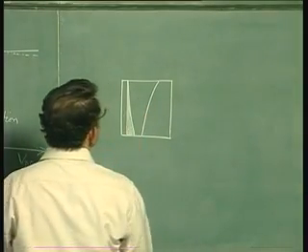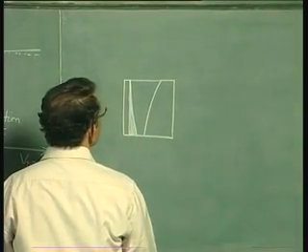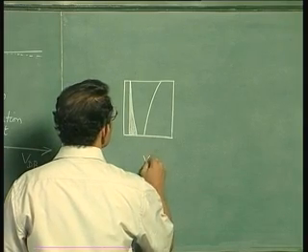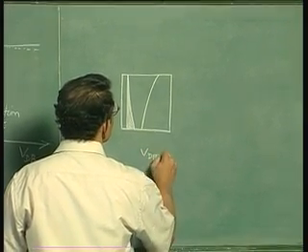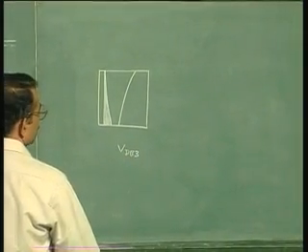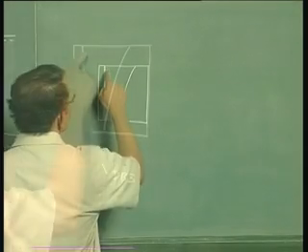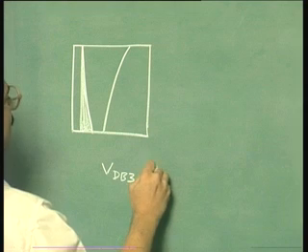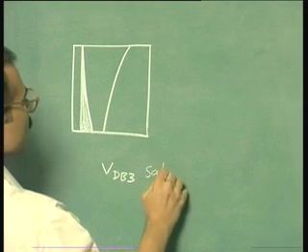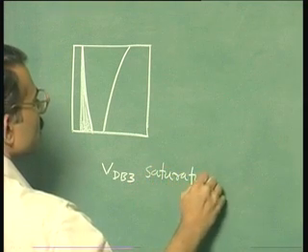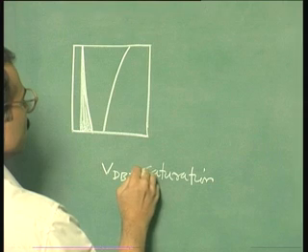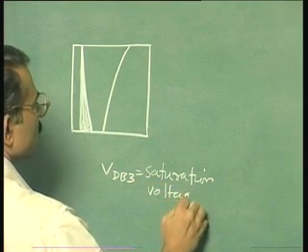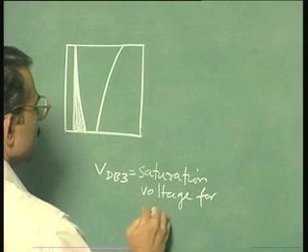Supposing there is a charge picture for one value of gate to bulk voltage. So we are drawing the charge picture at VDB3, that is when this device is saturated. VDB3 is the saturation point for say VGB1.